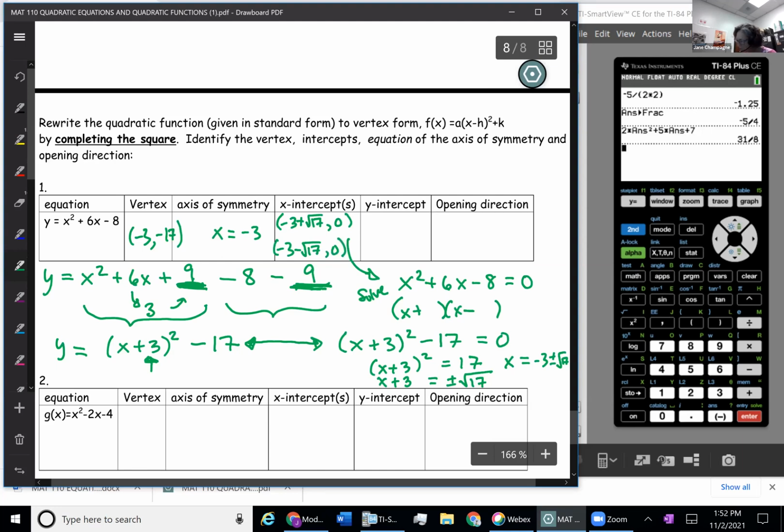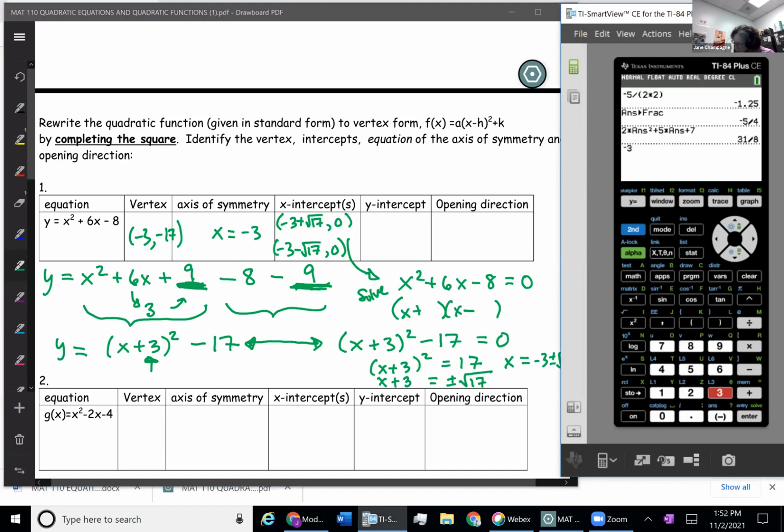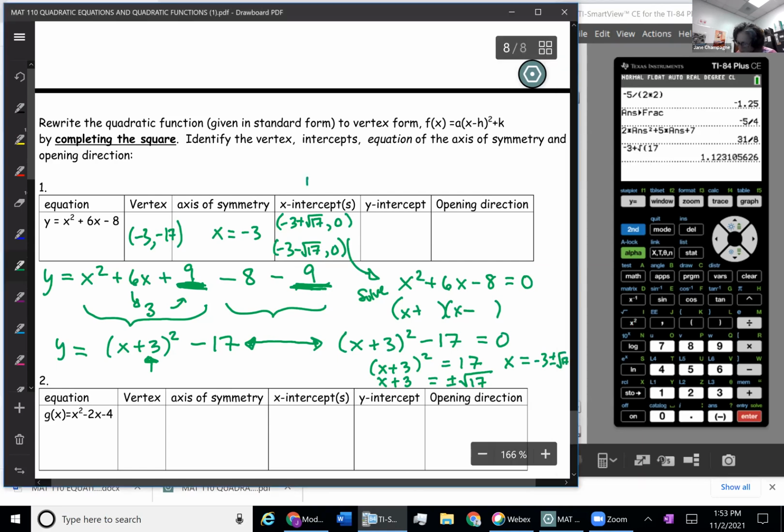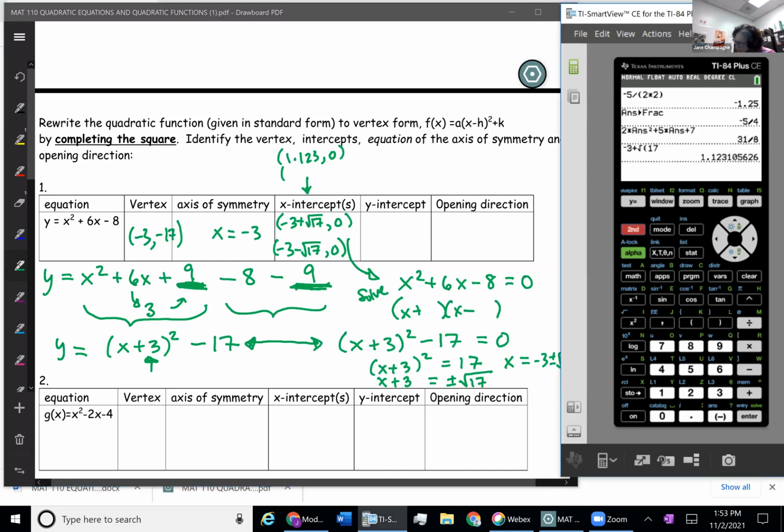Of course, if you wanted to approximate those, you can get out your handy-dandy calculator and type it in. Plus root 17. So approximately 1.123, and then the one with the minus, I'm going to do a second enter, which retypes what you just typed in and change that to a minus.